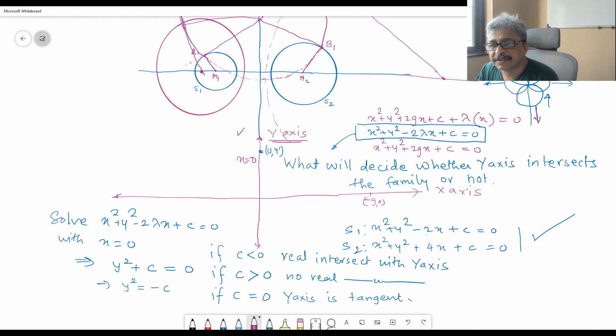But if these two circles are tangent to each other, the other two circles are also tangent to each other. That is our third case. So the condition on c: if c is negative, they intersect the y-axis in real points. If c is positive, they are distinct circles. If c is 0, it is tangent.